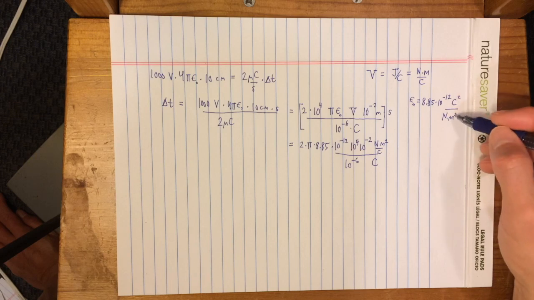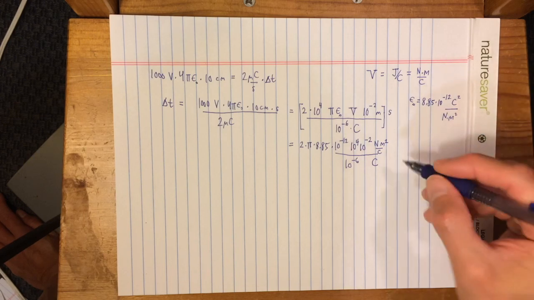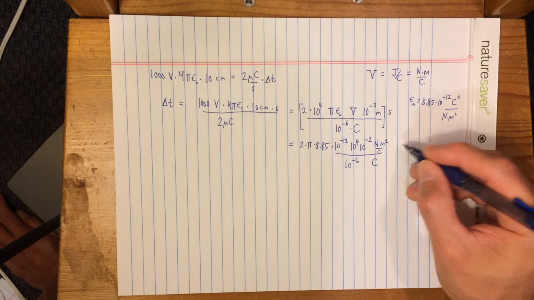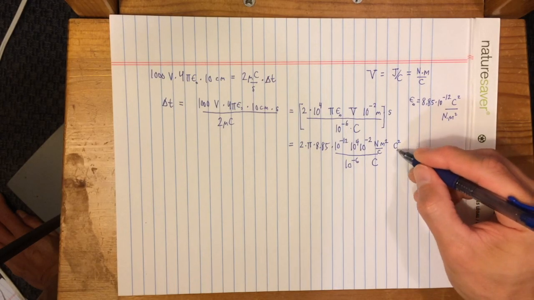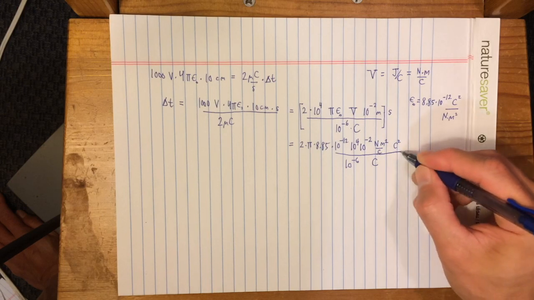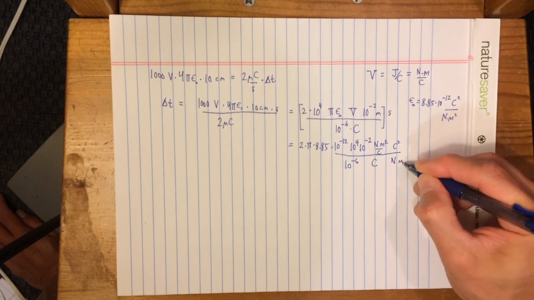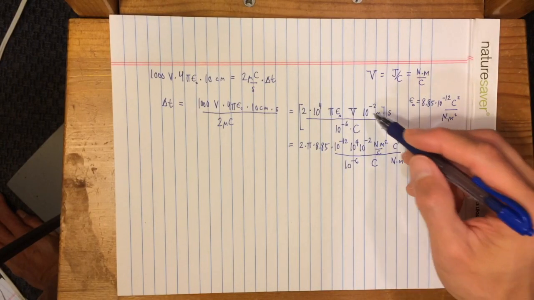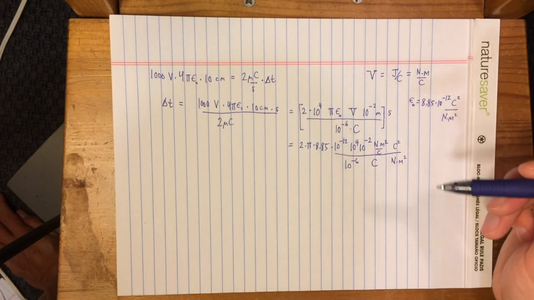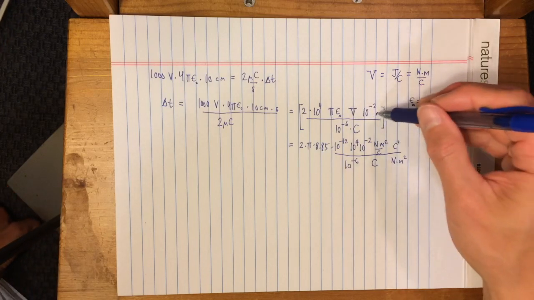I mean the units of epsilon 0. So the units of epsilon 0 are coulombs squared per newtons meters squared. The other units actually came from elsewhere: the volt and the meter and the coulomb.